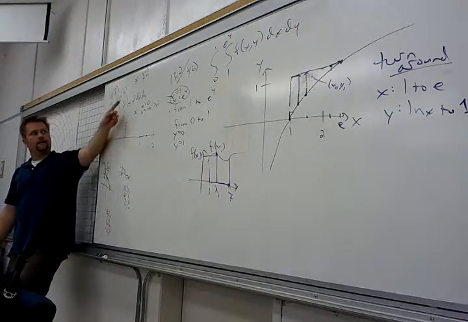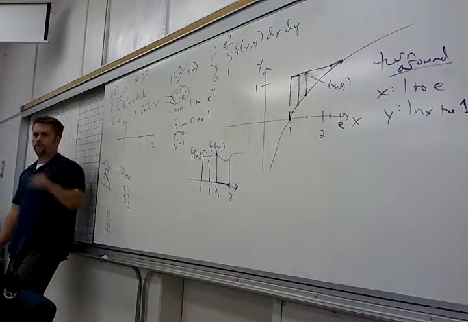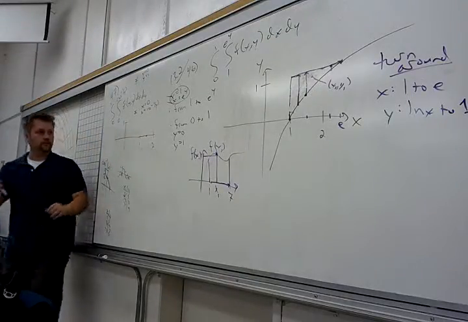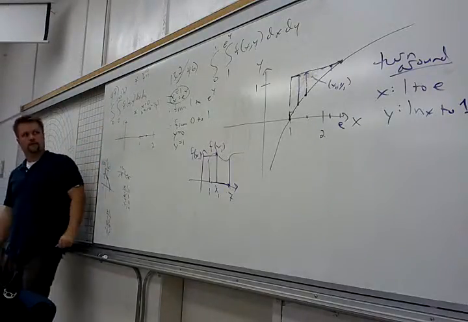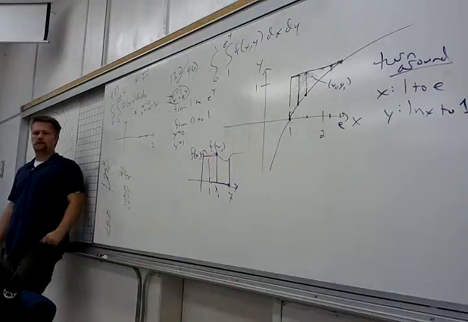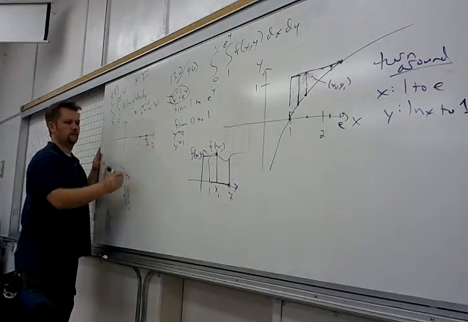And if y is 1, what's the inverse cosine of 1? 0, cool. So if y is 1, x is 0. And this again, let me put this down here, this is pi over 2.